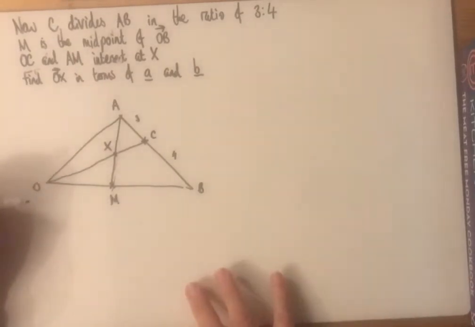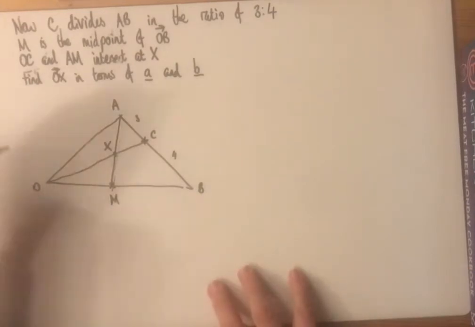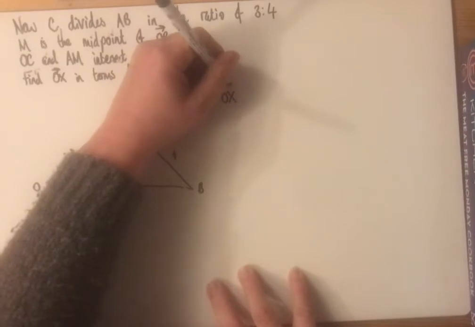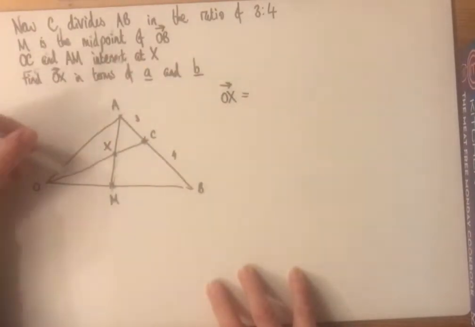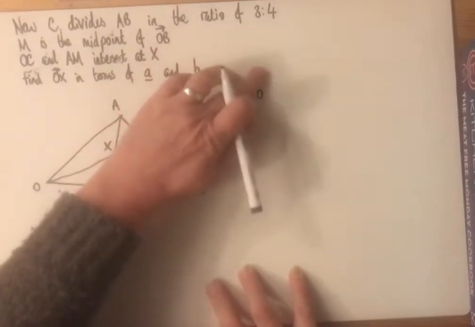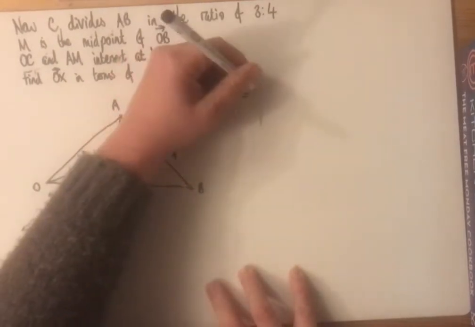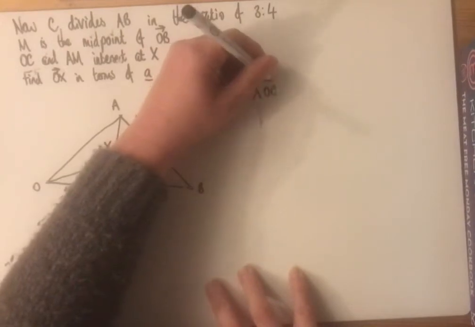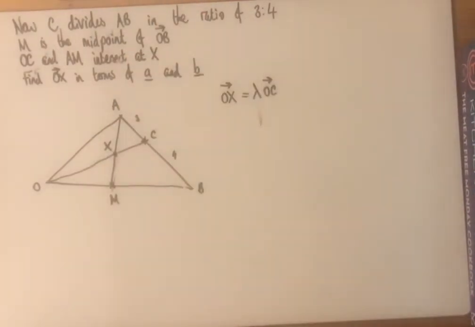So to start with, I know that OX is equal to a fraction of OC. And I'm going to use this Greek letter lambda here, only because it tends to be used for these, so just so you get used to it.